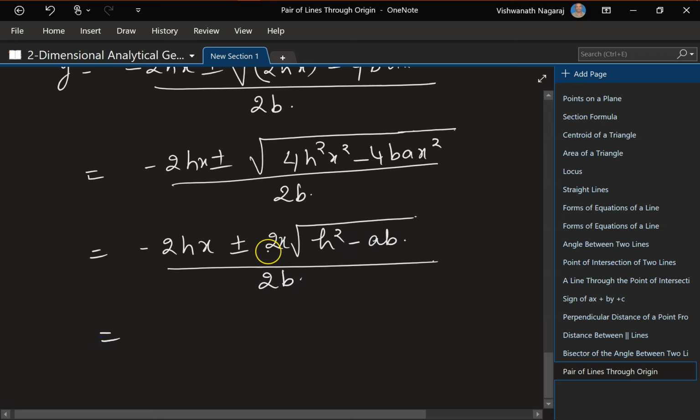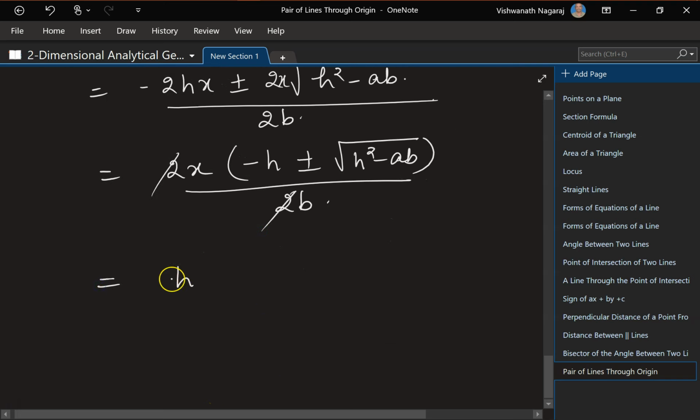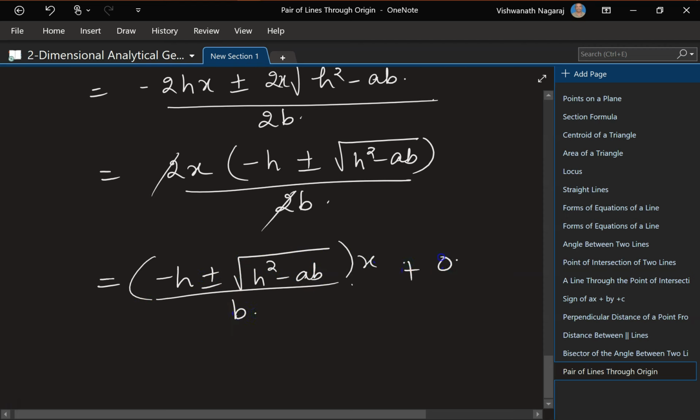Now we can take out 2 and x out, so minus h plus or minus square root of h square minus ab, divided by 2b. Now 2 and 2 get cancelled. So y equals x times (minus h plus or minus square root of h square minus ab) by b, plus 0.